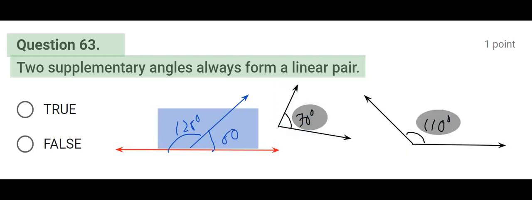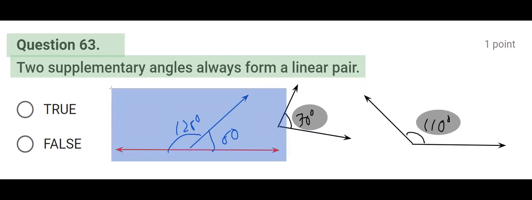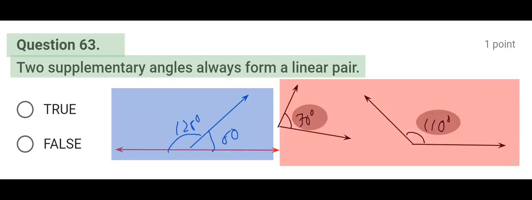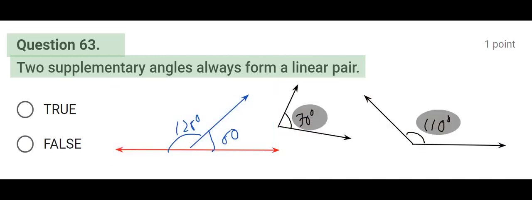But what is the difference here? The first one in this diagram, they are forming a linear pair, but this other one, they are not forming a linear pair, as they are not adjacent angles. Moreover, their sum is not giving a straight line. So for two angles to form a linear pair, there are two important conditions.